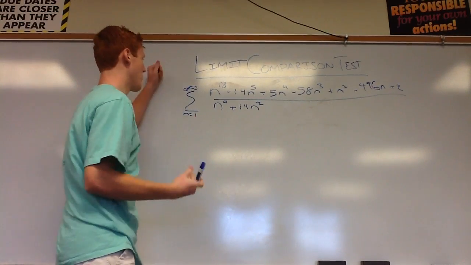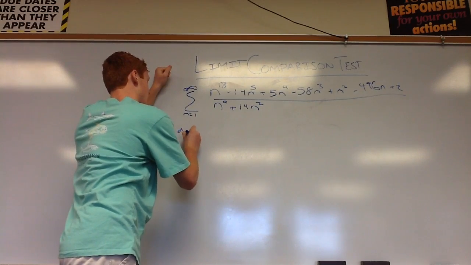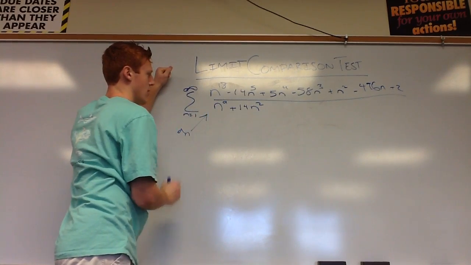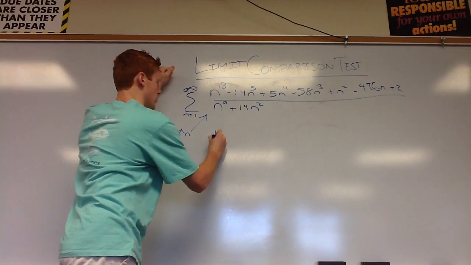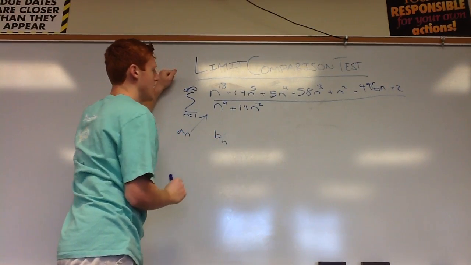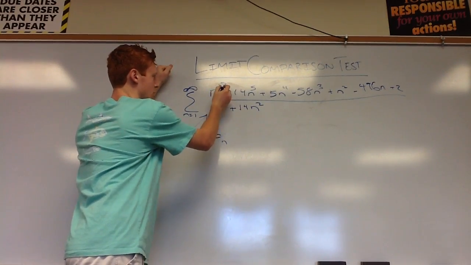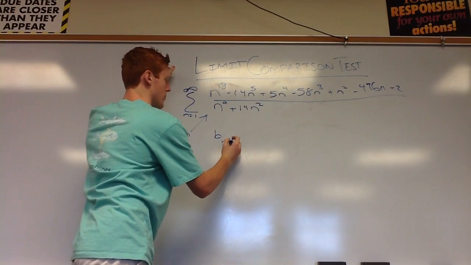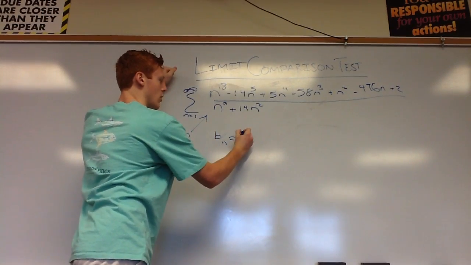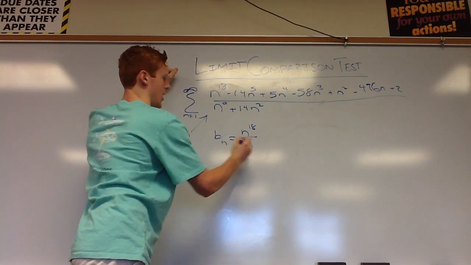So, the requirements for the limit comparison test. This is going to be your A sub n, right there. And now your B sub n is going to be a p-series of that. So you're going to take the greatest power on top and the greatest power on bottom. So your B sub n would equal n to the 18th over n to the 9th.